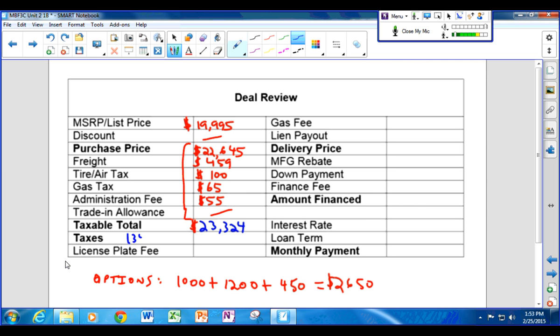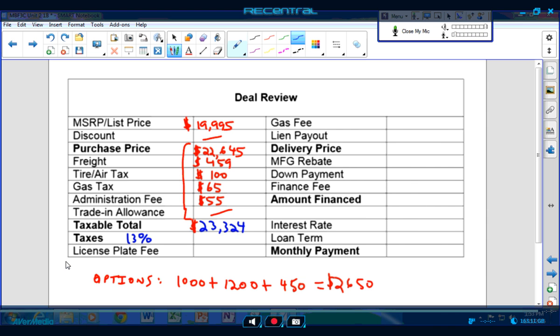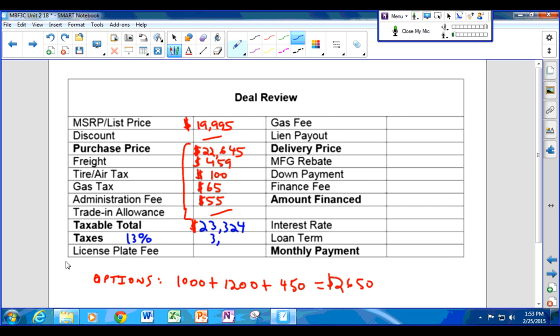So that's actually good that they use that. So 3,032.12. And then the license plate fee, I think they wanted was $74 for that. All right. Gas fee, they wanted $30 for that. Lien payout, none.